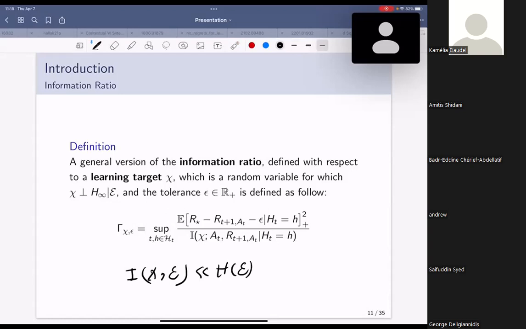So we can still find the optimal action, but we are learning faster and faster. And this generalized version of the information ratio is called gamma, which we'll use in the main paper.